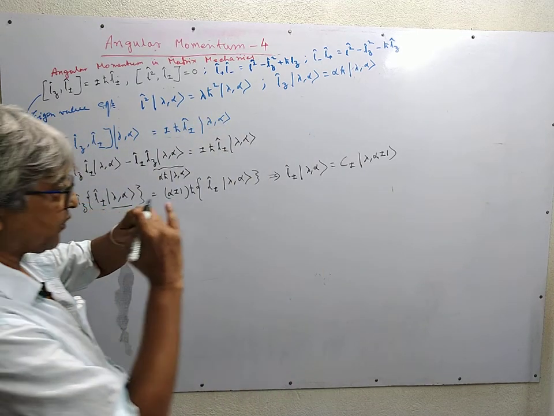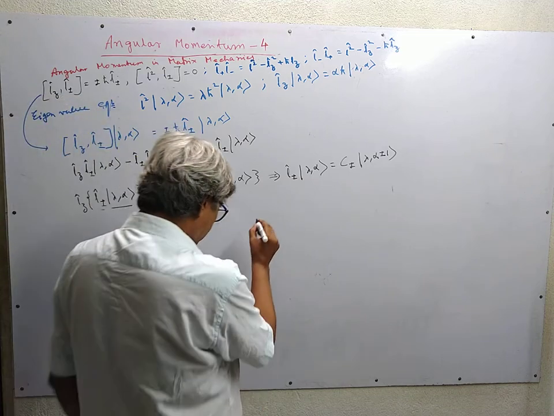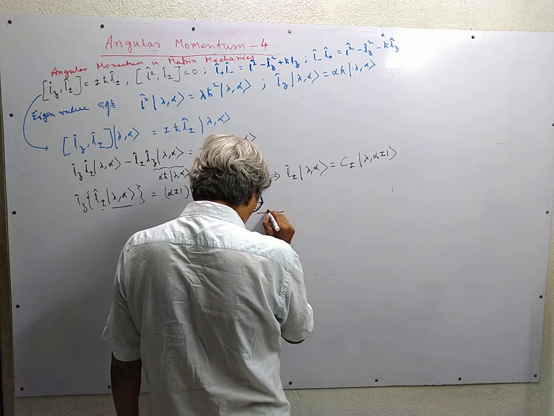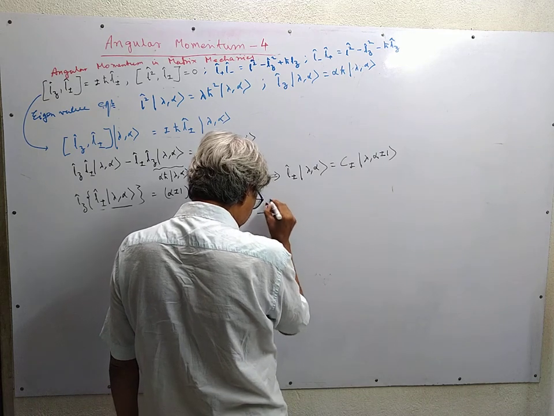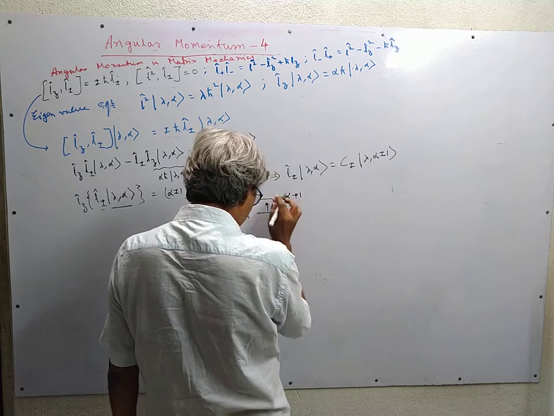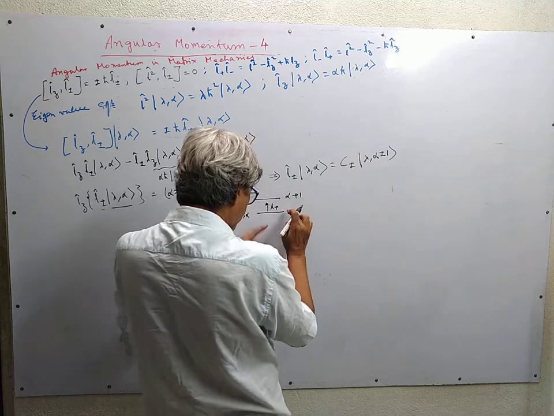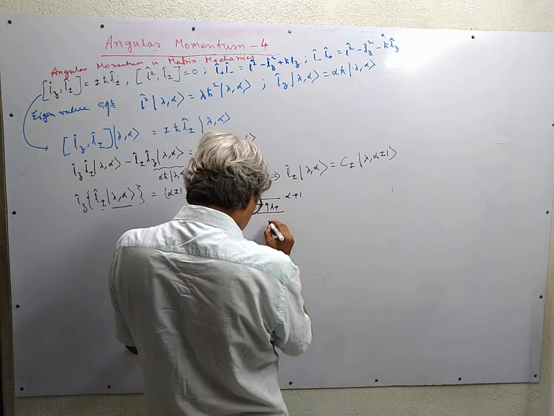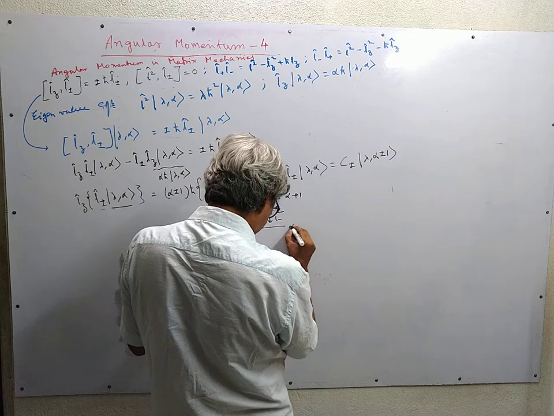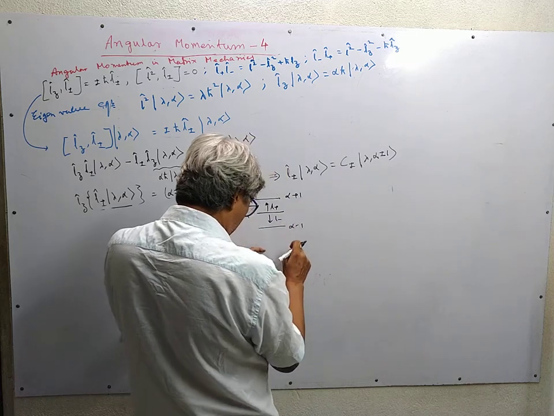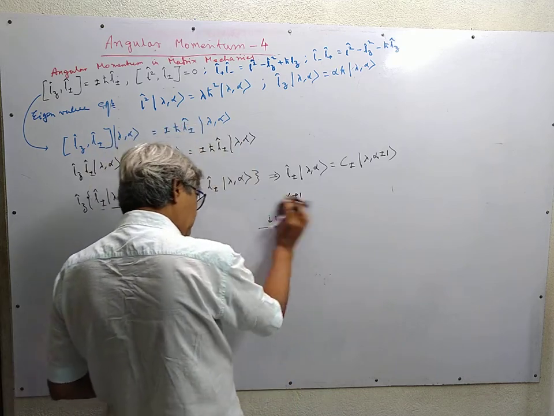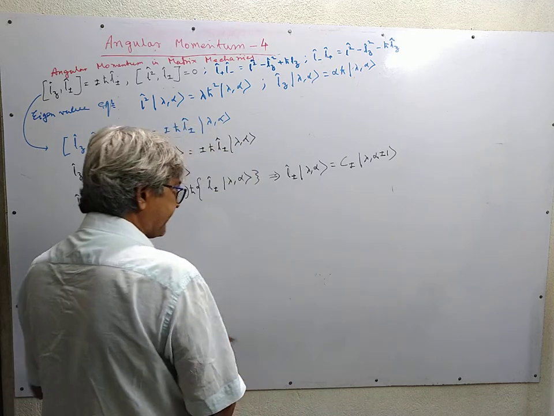Starting from one state like lambda alpha, operation of L plus takes you to alpha plus 1, and twice to alpha plus 2, so you are moving up the ladder. If we operate L minus, you land up with alpha minus 1, so you are going down the ladder. That is why they are called ladder operators, or also called the raising or lowering operators.